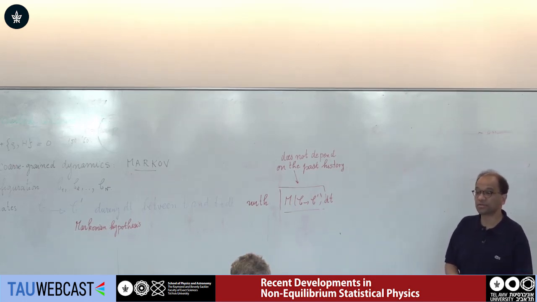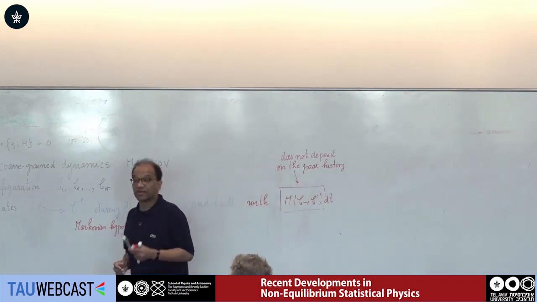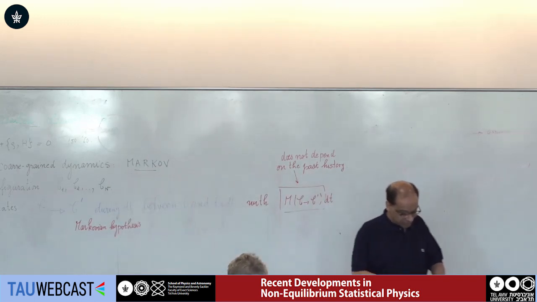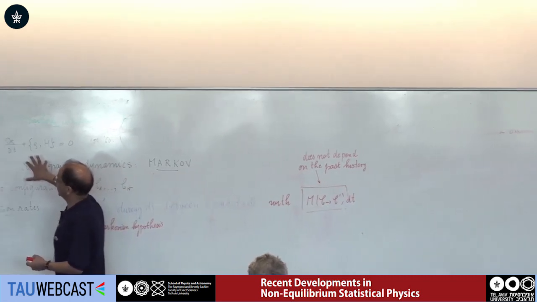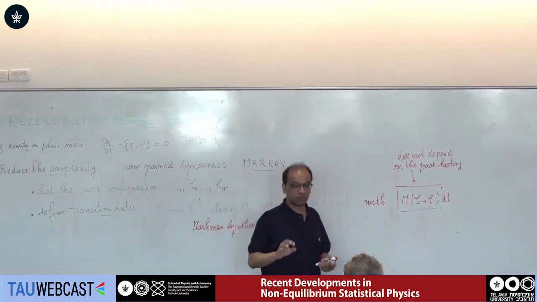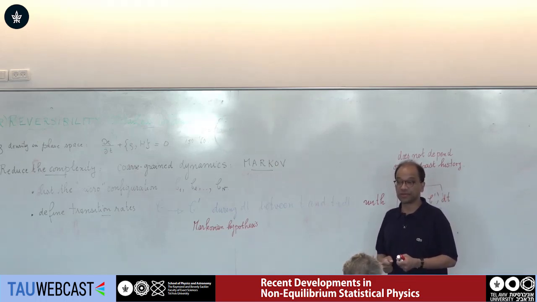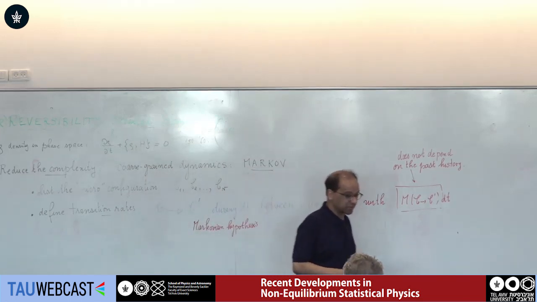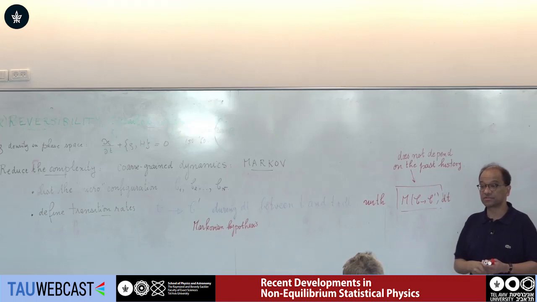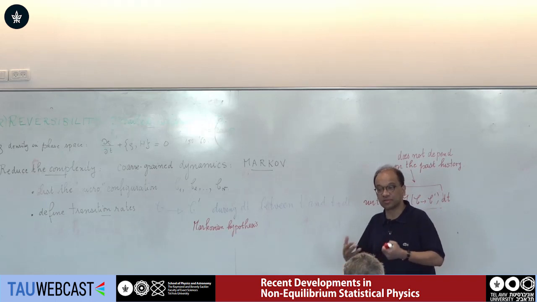Yes? In relation to that previous question, in what sense is it necessary to do this coarse graining in this procedure? Oh yes, repeat the question. In what sense is it important to do the coarse graining? Well, there are some technical things. For example, I'm going to prove Gallavotti-Cohen, and Gallavotti-Cohen relies on some kind of mixing. They in fact proved their theorem first for a Hamiltonian dynamical system which is Anosov, chaotic enough so that there is some mixing, and they can prove that some invariant measure exists and so on.